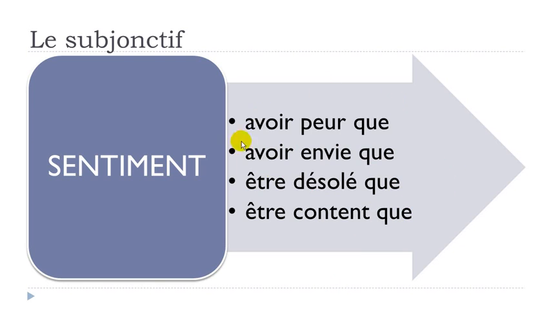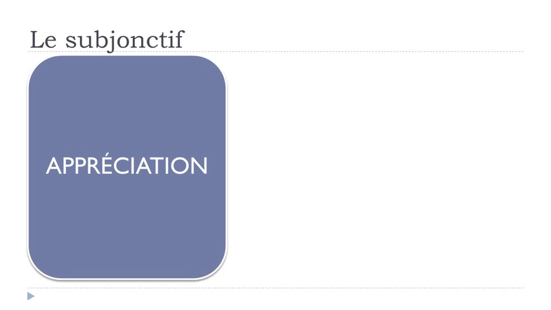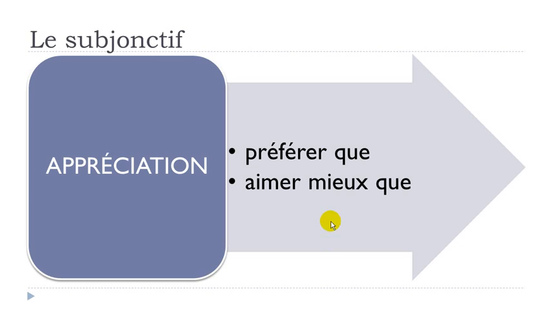For these structures, you should use a subjunctive after. So they should be followed by une forme subjonctive. Okay, and then let's see une appréciation. Une appréciation, for instance, we could have préférer, to prefer, préférer que, aimer mieux, mieux is better, aimer, to like or to love, better that, aimer mieux que, and then these structures should be followed by une forme subjonctive.